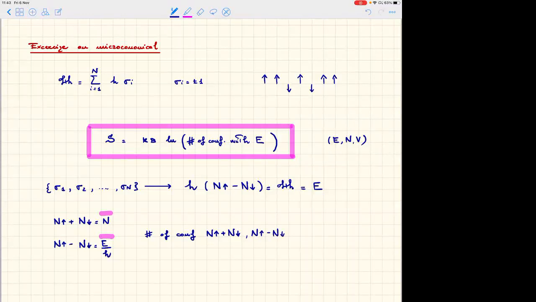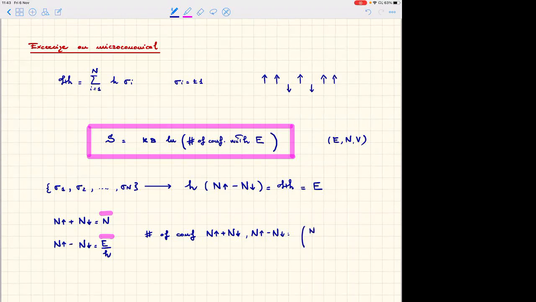Does someone have an idea? Is there someone good in combinatorics that can give me an answer? It's the binomial coefficient. The binomial coefficient, that's right.